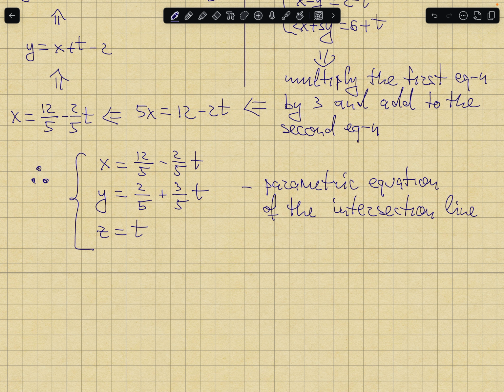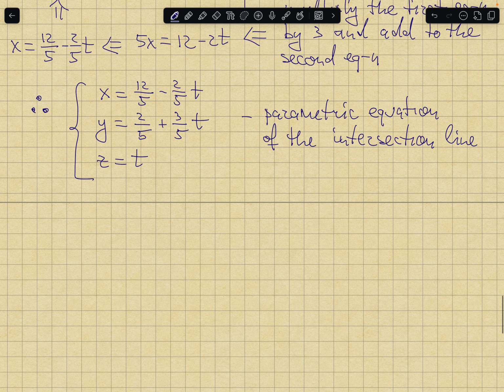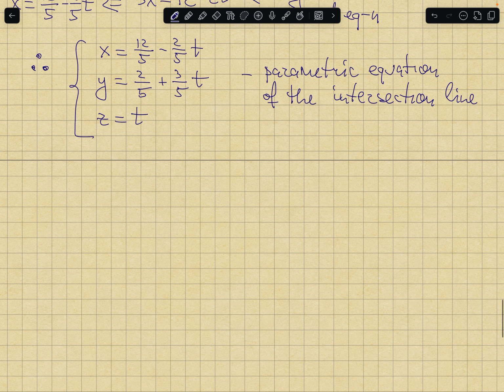One other thing that I can ask you to do: if I have a parametric equation of a line of intersection, I can also try to find the symmetric equation. For that, I will need to eliminate t. So let's see.